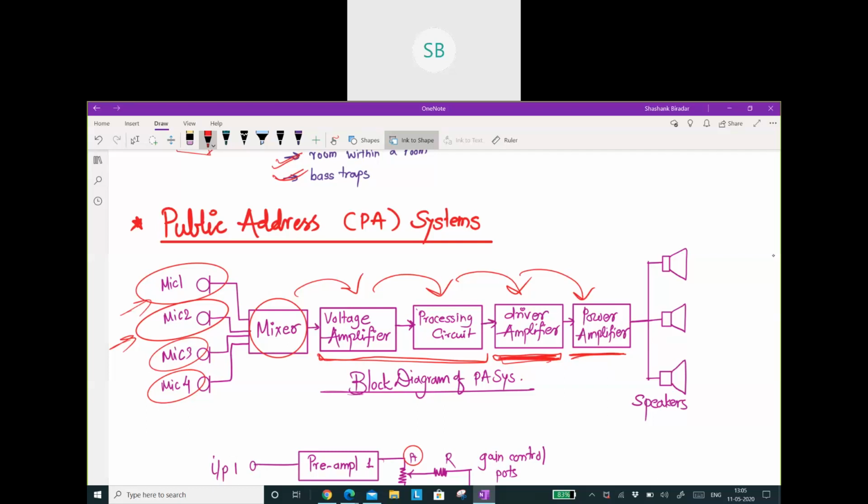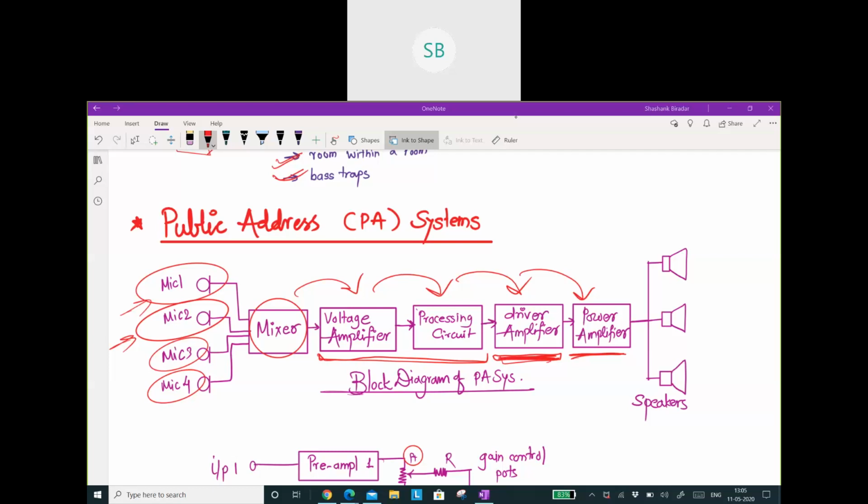Because when you come across such things, unless you match the impedance, you cannot get good quality output. So my question is, why is impedance matching done? What is the necessity? Because impedance matching is done for maximum power transfer.